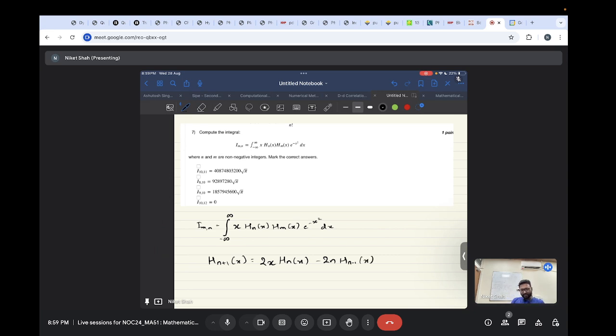So this is my recurrence relation for Hermite polynomials. x Hn(x) is right here. So the substitution would be that x Hn(x) is simply equal to H of n plus 1 of x plus 2n H of n minus 1 of x, divided by 2.